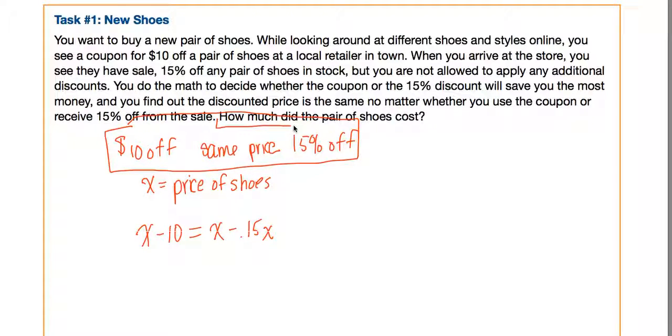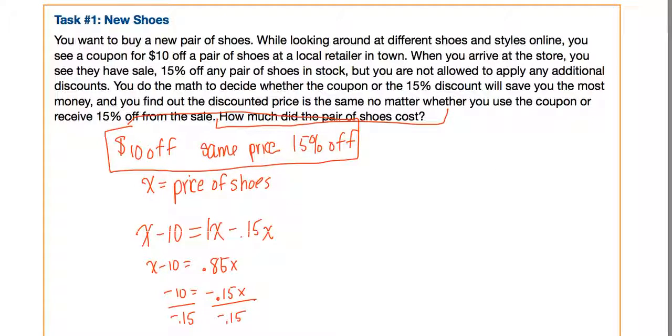It says, how much did the pair of shoes cost? So we have to find the price of the shoes. If you're solving for X here, you want to know the price of the shoes. First thing I would do is clean this up: 1X minus 0.15X is 0.85X. Then I would subtract 1, and 0.85 minus 1 is negative 0.15X. To solve for X, you divide by negative 0.15 and do the math.